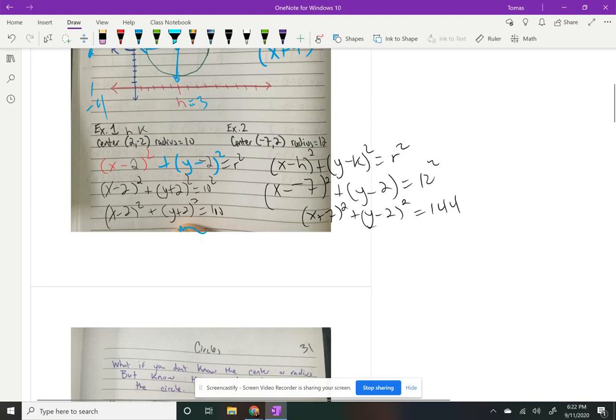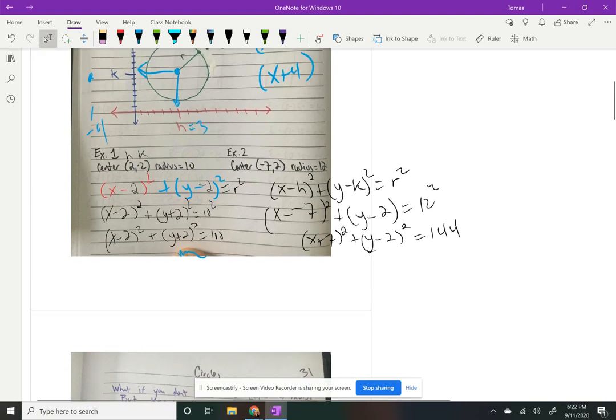All right, guys. One thing that you got to stay cognizant of is that this says radius. A lot of times they'll give you a problem like this, they'll give you a second problem like this, and then the third problem would be something like center of 1, 2, and diameter of 24, right?